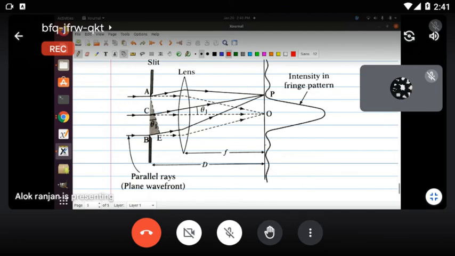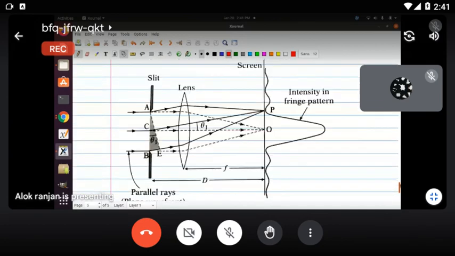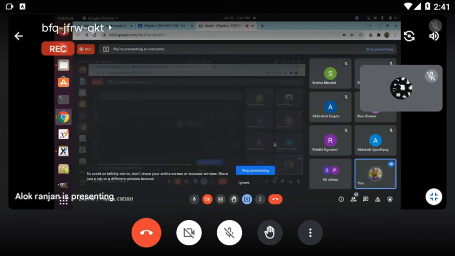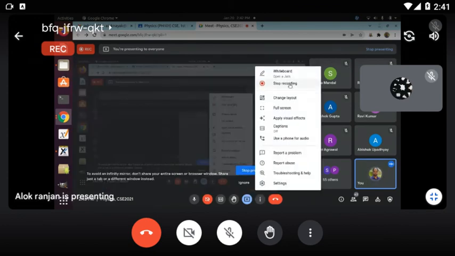It's as if the light has spread across the geometrical shadow region. So this is all about the theory behind diffraction, and we studied it using a single slit experimental setup.